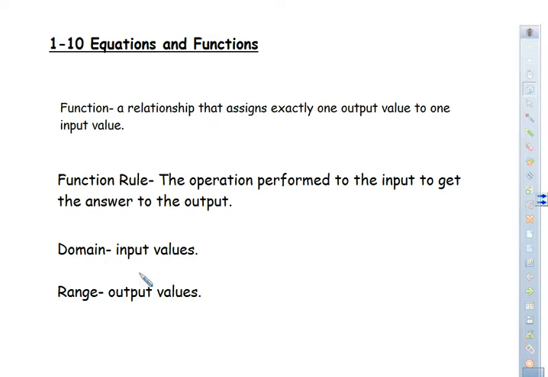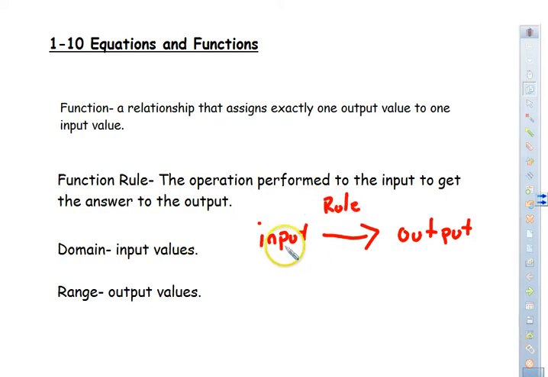So we have two things. One is an input, and the other thing is the output. The function rule is what takes place from the time we put it in to when it comes out. So it's kind of like a machine.